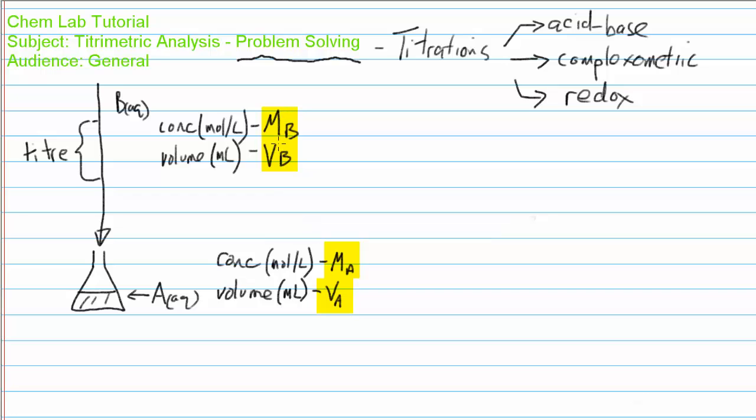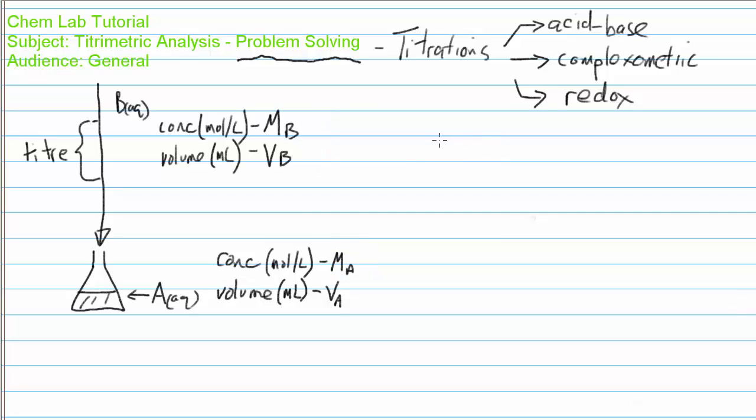Only one of these quantities is unknown, and we can solve for that. For example, we may know these three values here, and if we know these three values, we can solve for that value. So again, in titrations, we always know three of these four values, and we have to solve for the unknown value.